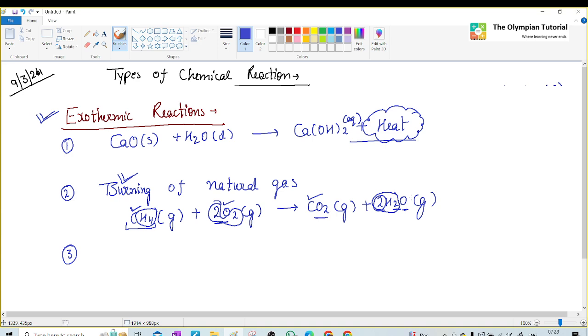respiration. Make a different heading. Respiration, actually it is a subtopic of exothermic reactions.